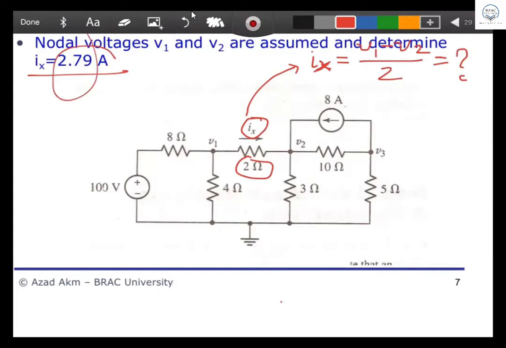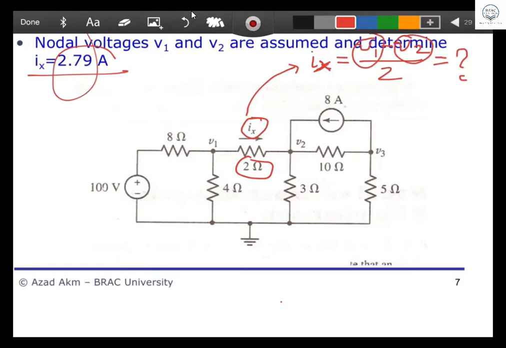Now if you want to find the answer 2.79, you need to find the value of V1 and V2. The 2 ohm is given already. So if you can find V1 and V2, you can find the value of Ix, which will be 2.79 ampere. You have to prove that by finding V1 and V2.